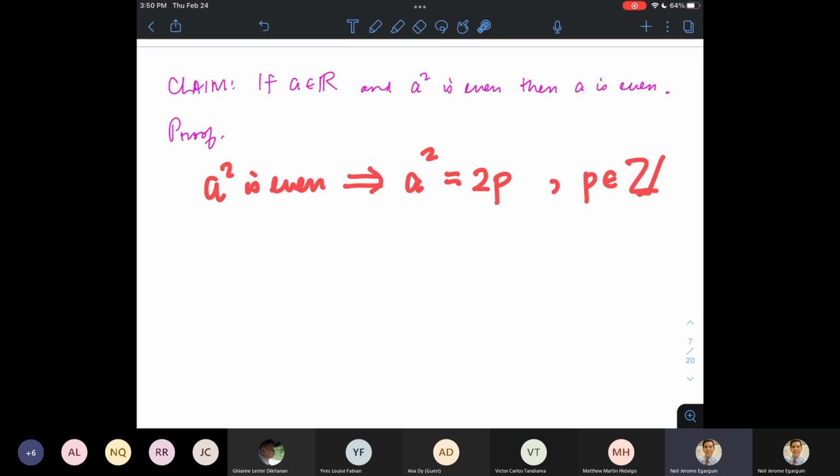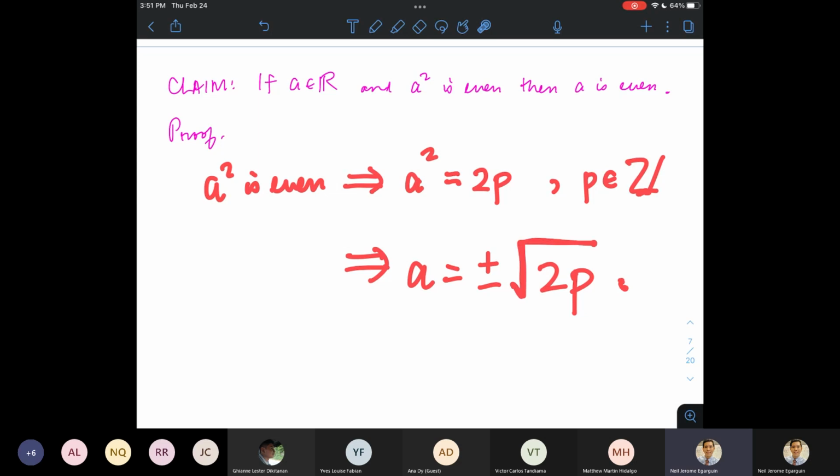But with only this information, that a squared is equal to twice p, then the only thing I can get from here is that a is equal to plus or minus the square root of 2p. But at this point, I am not certain, or there is no distinctive way to conclude na si a ay even.